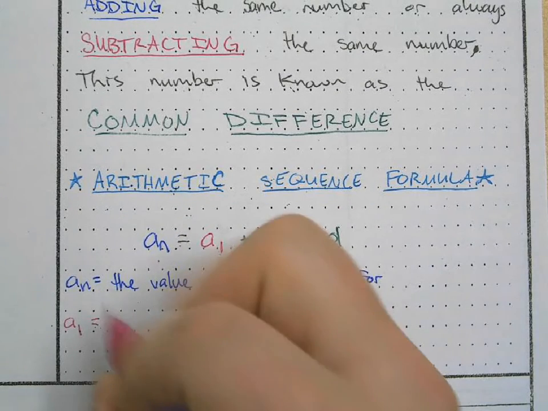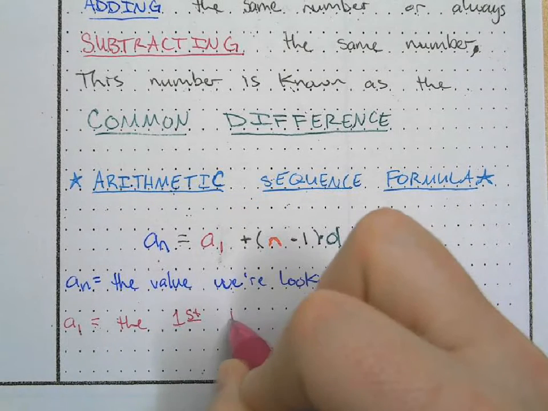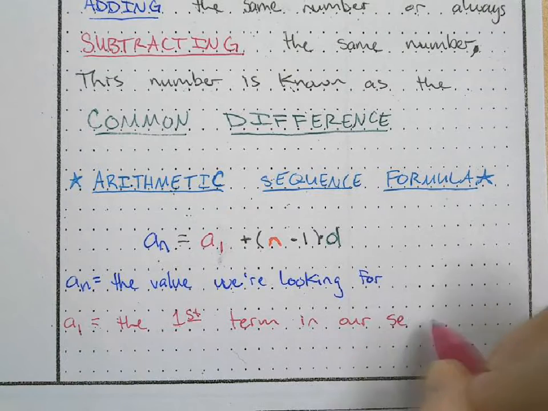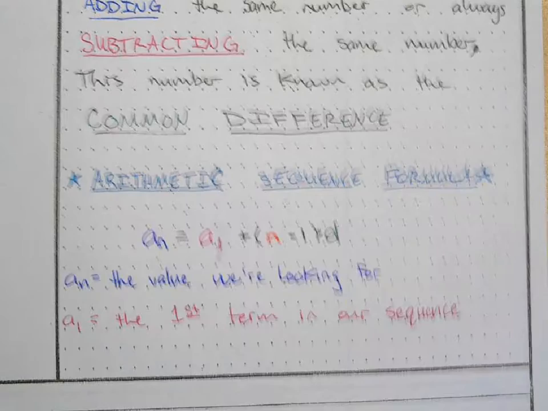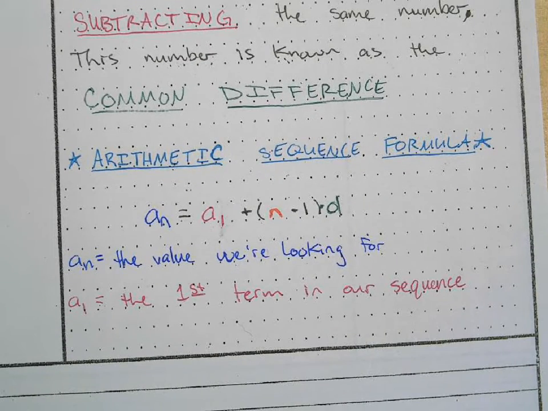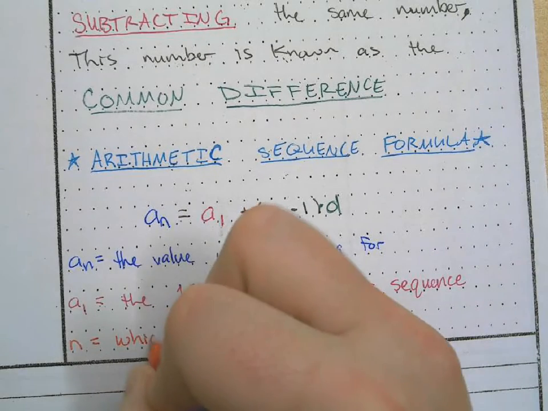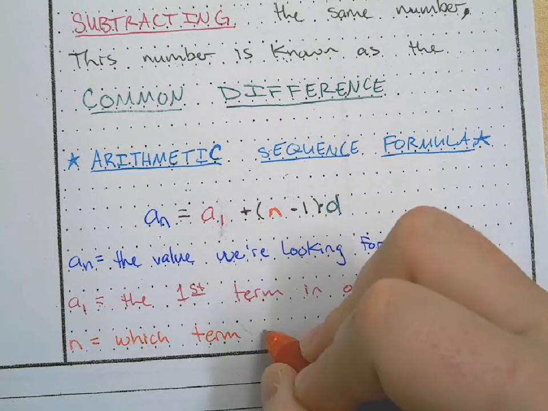A sub n is the value we're looking for. A sub 1 is the first term in our sequence. The n stands for which term I'm looking for.